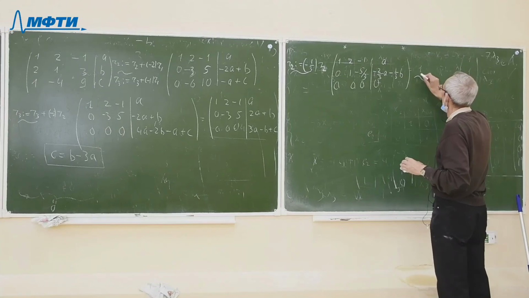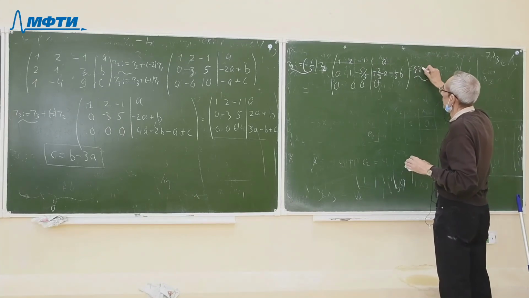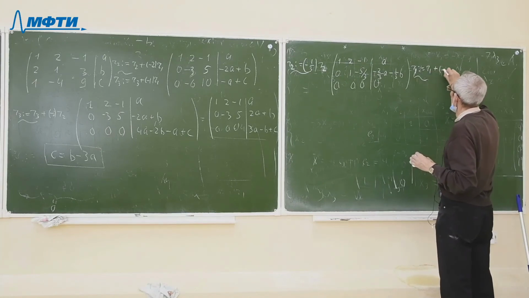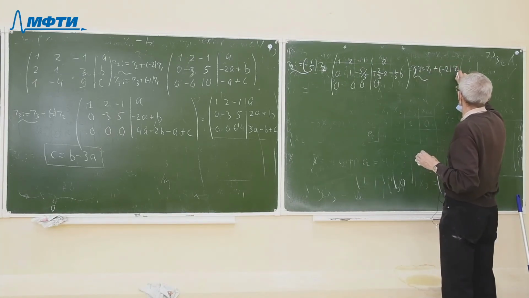The last step, we put R1 is equal R1 plus minus 2 R2.